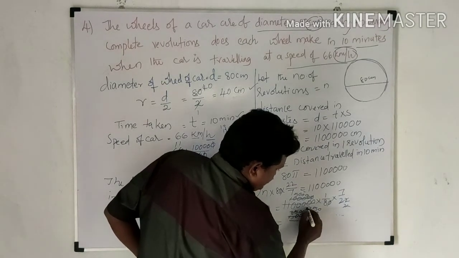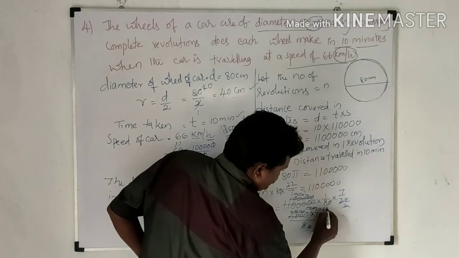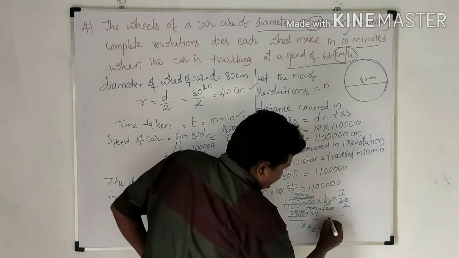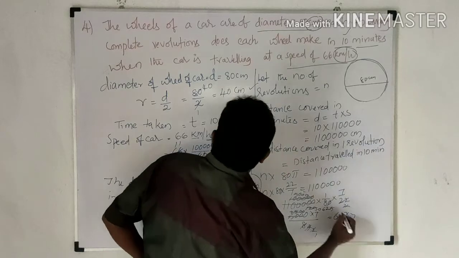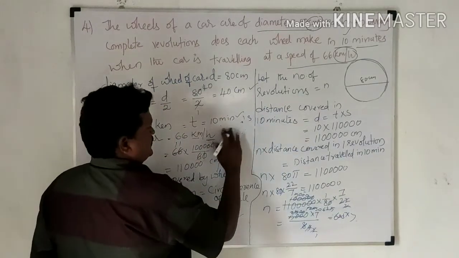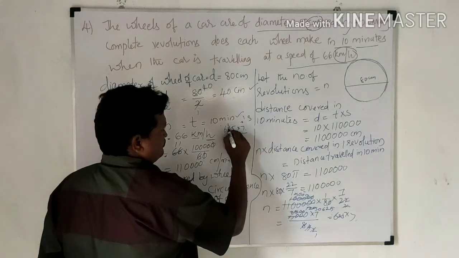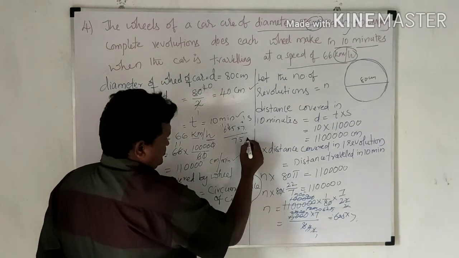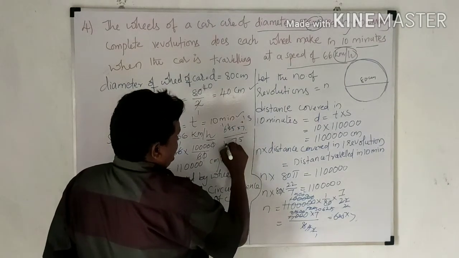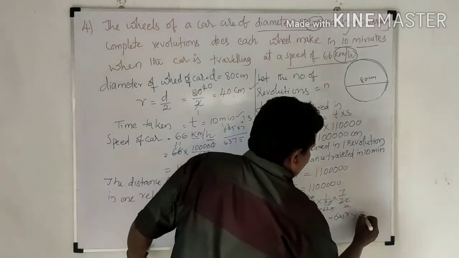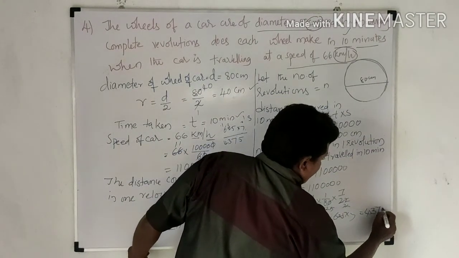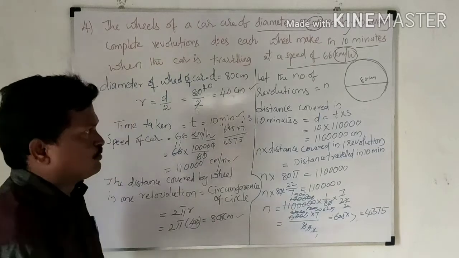Again by 2, 6s are, 2 2s are, and 2 5s are. That is 625 into 7. 625 into 7: 7 5s are 35, 17 are 14, 17, 7 6s are 42, 43. That is 4375 revolutions.